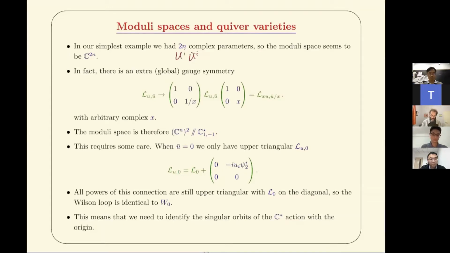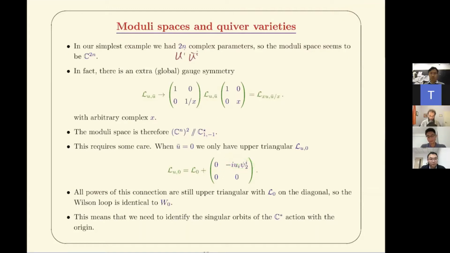Now, this quotient is a bit subtle. You need to worry about what happens, say, when U bar is equal to 0. Then you get a block of this form, and this will scale with X. But you can actually see that this object, once you multiply all these L's with each other and take the trace, this piece will never appear.